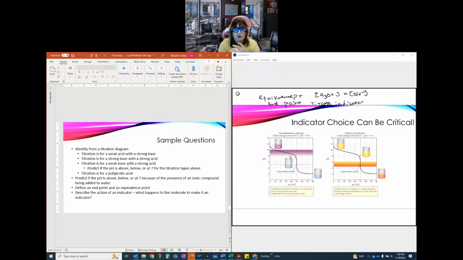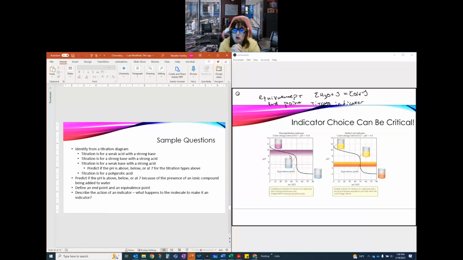You should be able to tell that from the pH at the equivalence point. We want to know if that pH is above, below, or at pH 7, depending on what type of reaction we're doing. So if I have a weak base with a strong acid, would I expect the pH at that equivalence point to be above or below 7? If it's a weak base, it's below, because it's the opposite of what I think it should be.